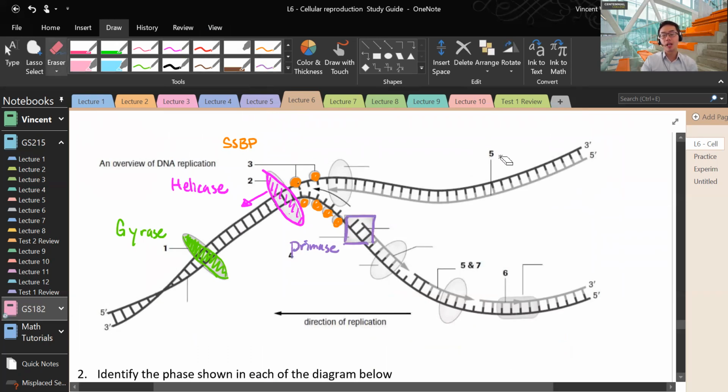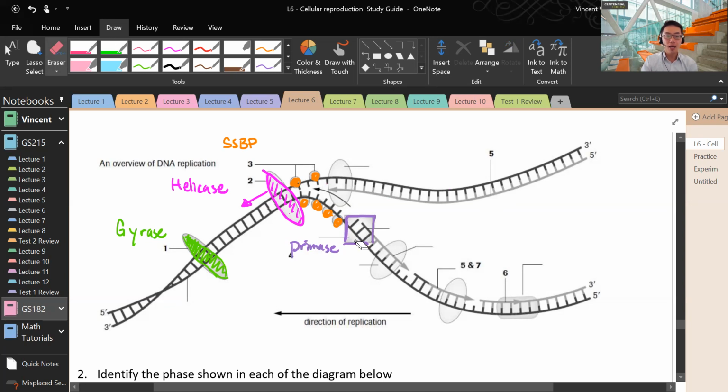The numbers are not really referring to the structure per se, right? The numbers are actually for you to write down what's happening. So like you're supposed to write down 1, gyrase will remove any tension, and so on. And then step 2, step 3, and so forth. That's why there is number 5 pointing here and number 5 pointing here, right? Don't get confused by those.